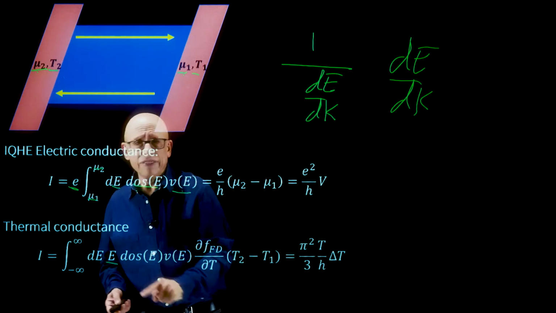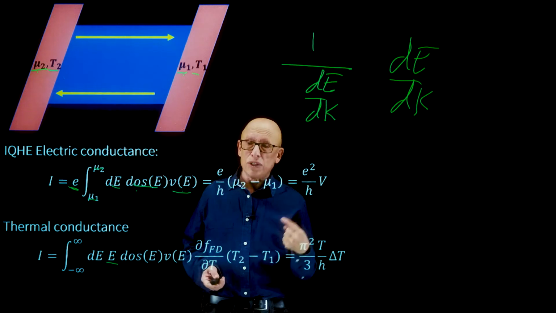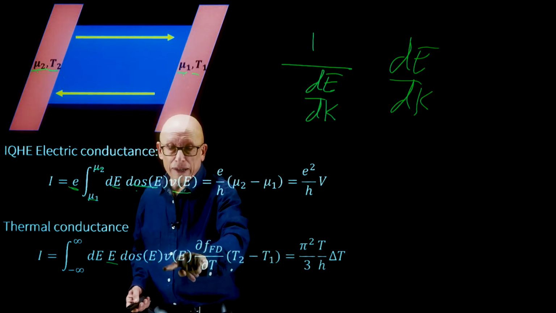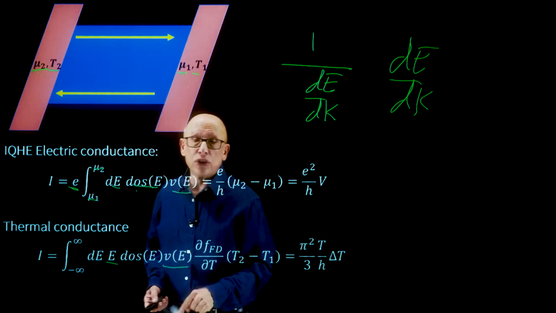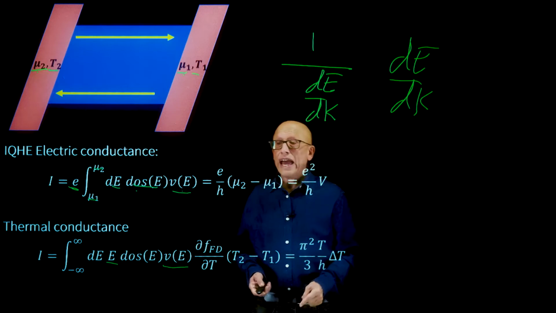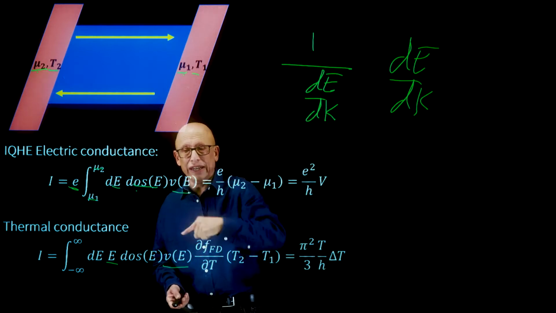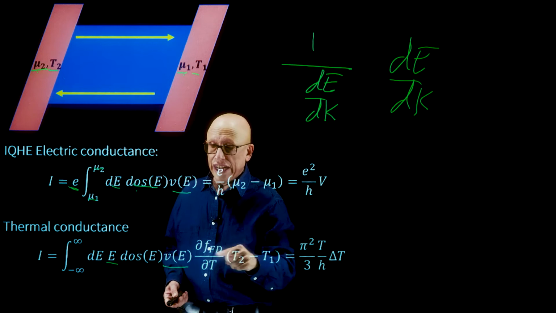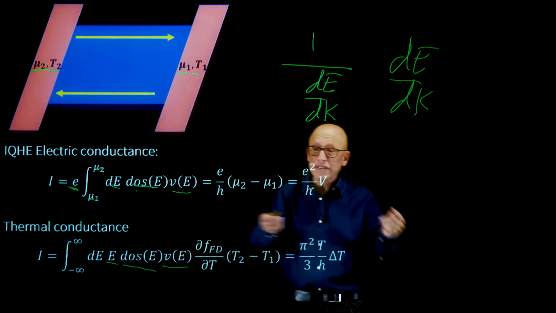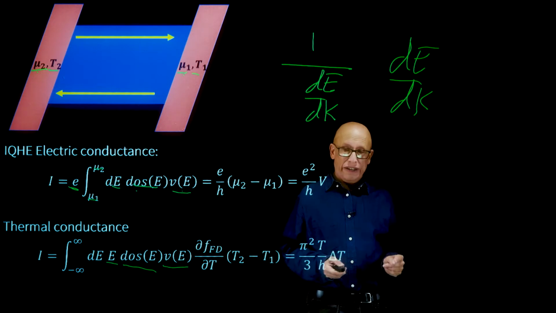Instead of little e, which is the charge, we have capital E, which is the energy. We have to multiply by the velocity because the thermal current is the energy times the velocity. And we need to integrate over the relevant energy range, so there will be a density of states factor. Now, density of states and velocity again cancel one another.